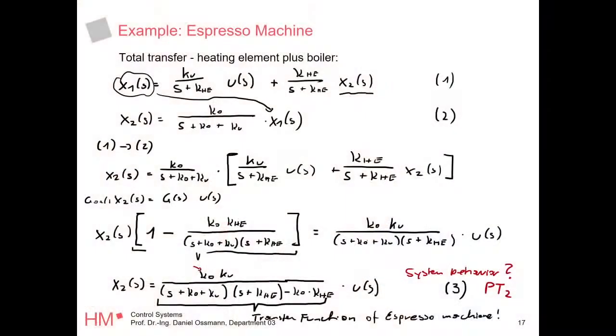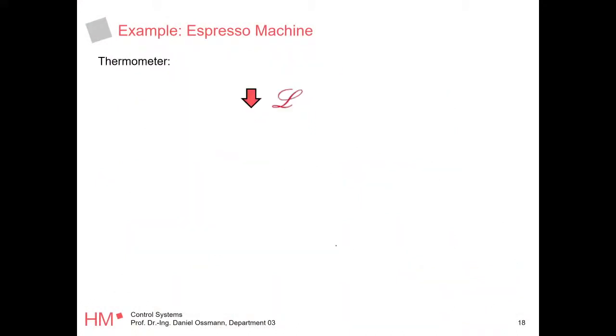So it's a good approximation, or this is what you do in control, right? When you say, okay, I have a high order system, but only one eigenmode is dominating my response, I can approximate that system with this low order system because we will see controlling the system then is much easier, at least for the design. Okay, so PT2 system for the espresso machine.